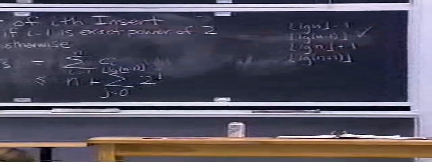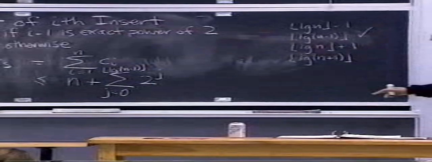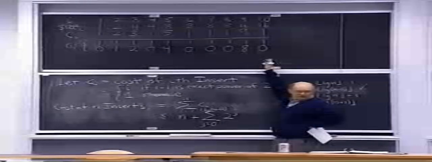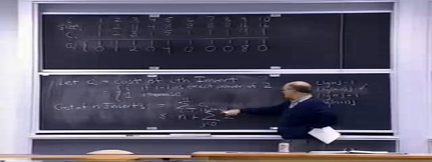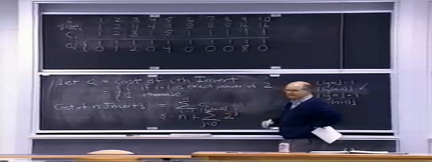Let's see why that is. Okay, so we're basically going up. We want the case where it's going to trip over to the next higher number. When? It's going to trip over when n - 1 is an exact power of 2.